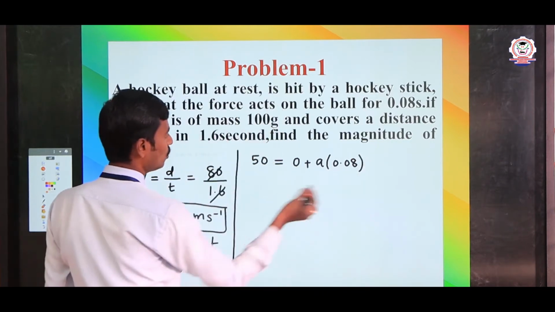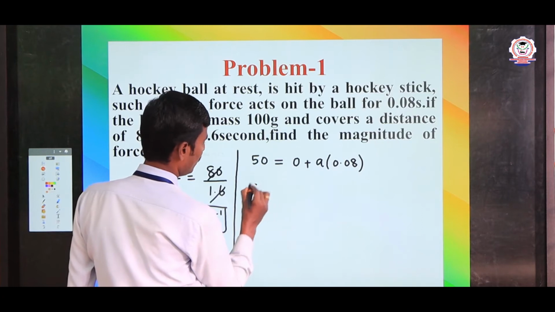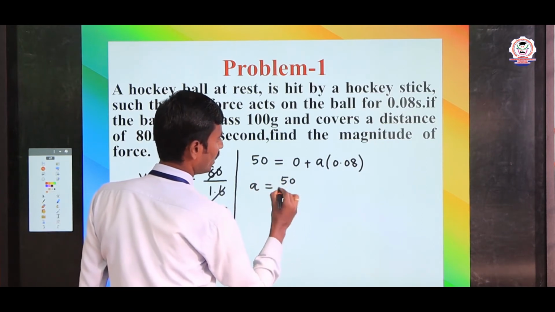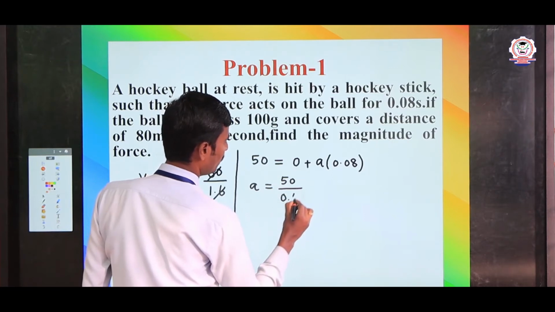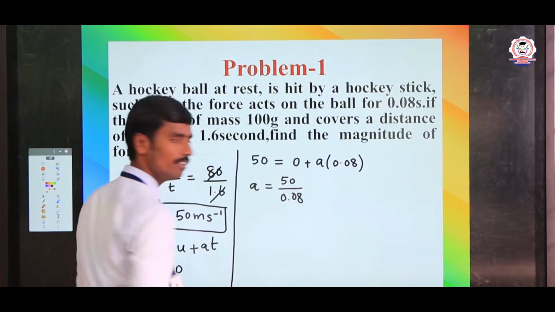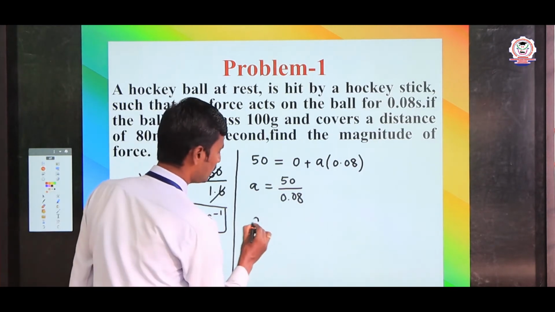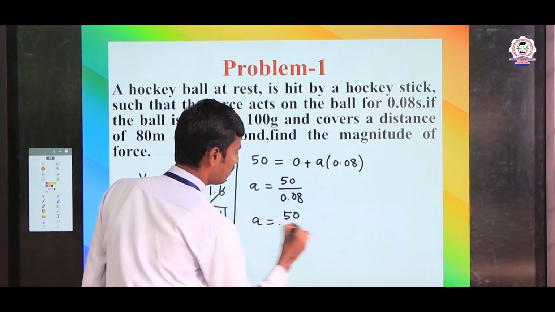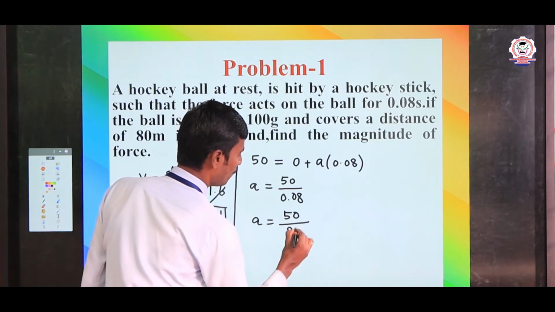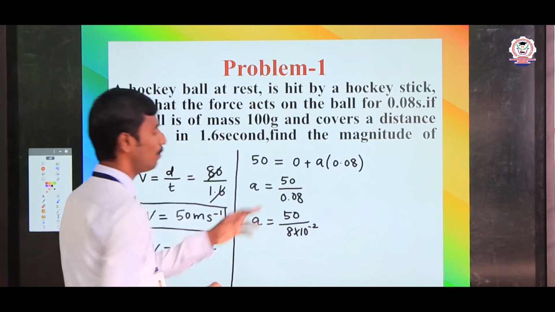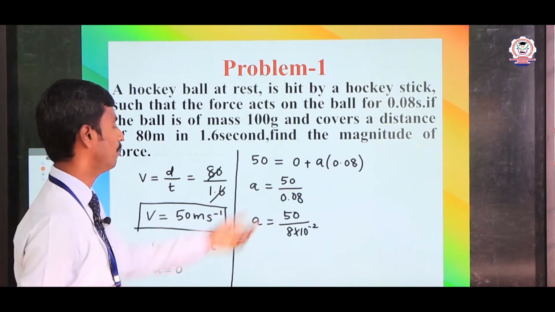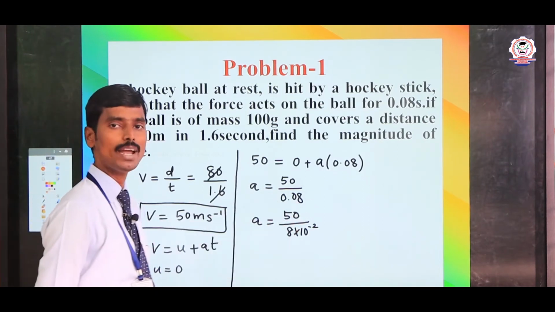So simplifying, a equal to 50 divided by 0.08. The easiest way is to write 0.08 as 8 into 10 power minus 2, because simplifying 0.08 directly is very difficult. So just modify it to 8 into 10 power minus 2.